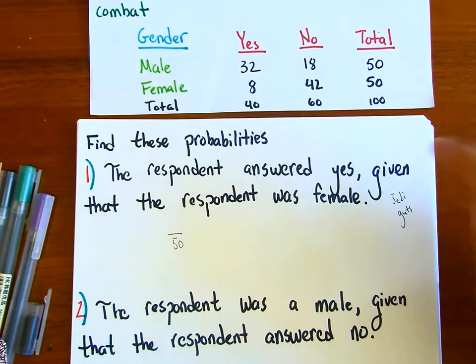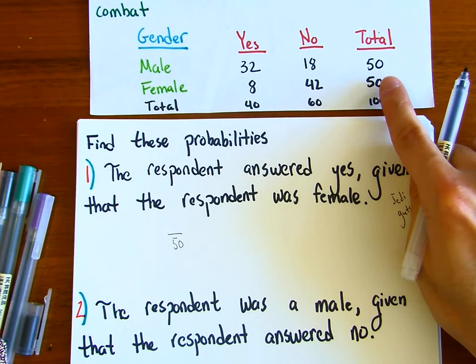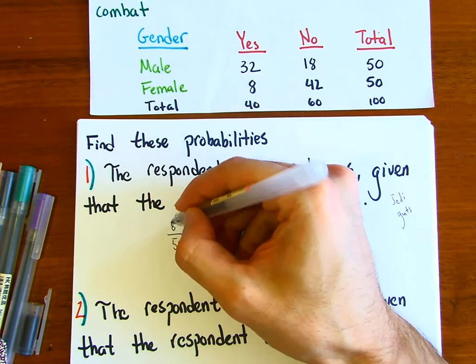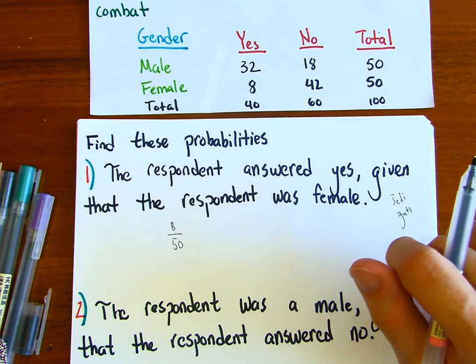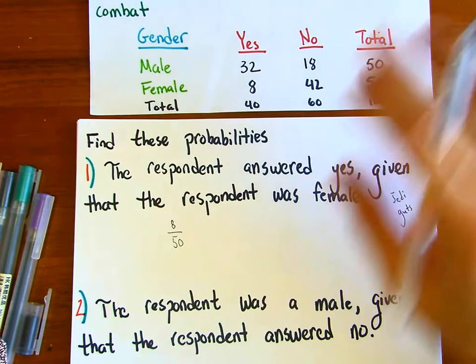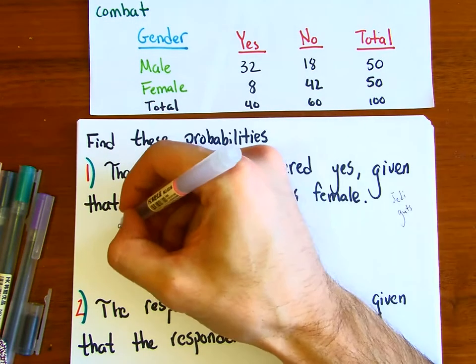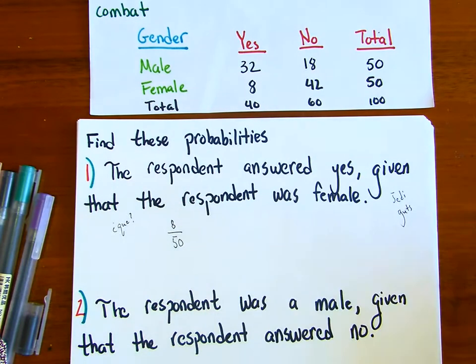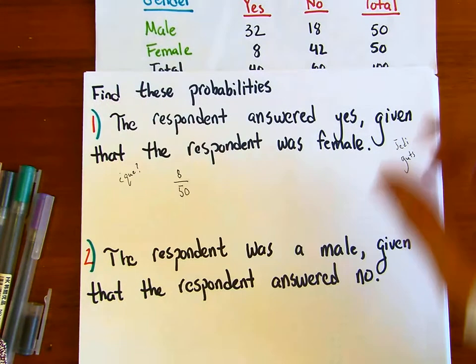And how many of those 50 females answered yes? It was 8. So boom. It should be 8 over 50. Now, if you were thinking, okay, mister, whatever, just be patient with me. I pinky promise you this will feel better. Try and do the next question.